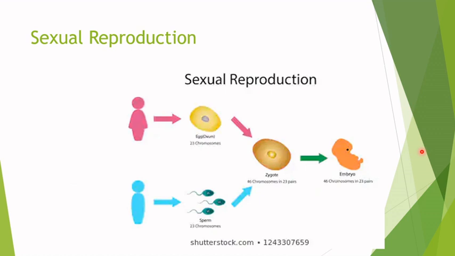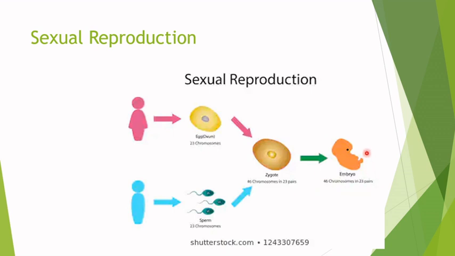Now, in the sexual reproduction, what we need is a male and a female, okay? Each one will produce their own gametes, okay? These gametes are going to be the reproductive cells that are produced in the gonads, okay, which will be exclusive for males and females. These gametes will join together, forming the zygote, okay, and this zygote will develop into an embryo.